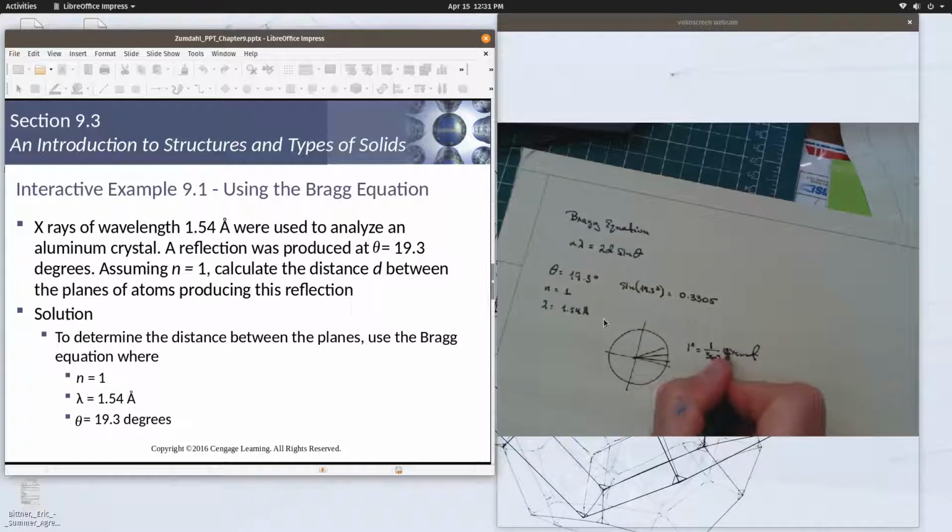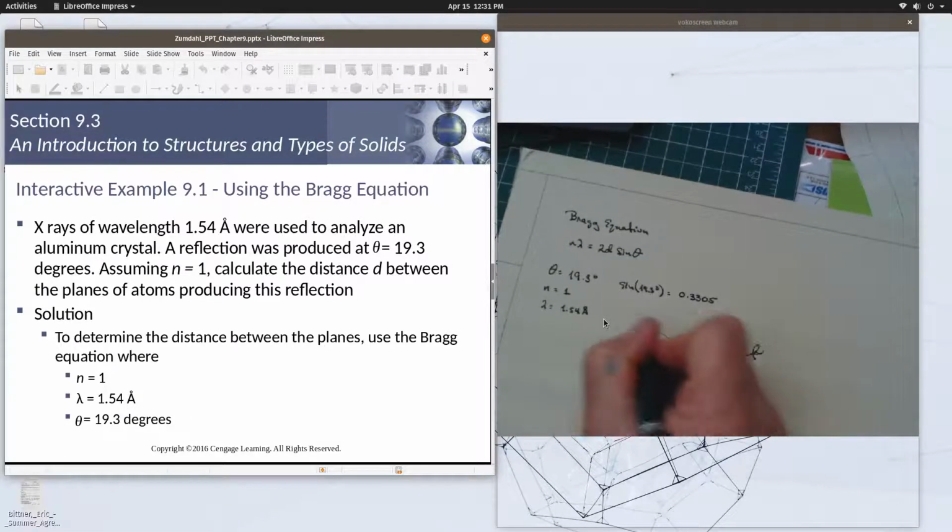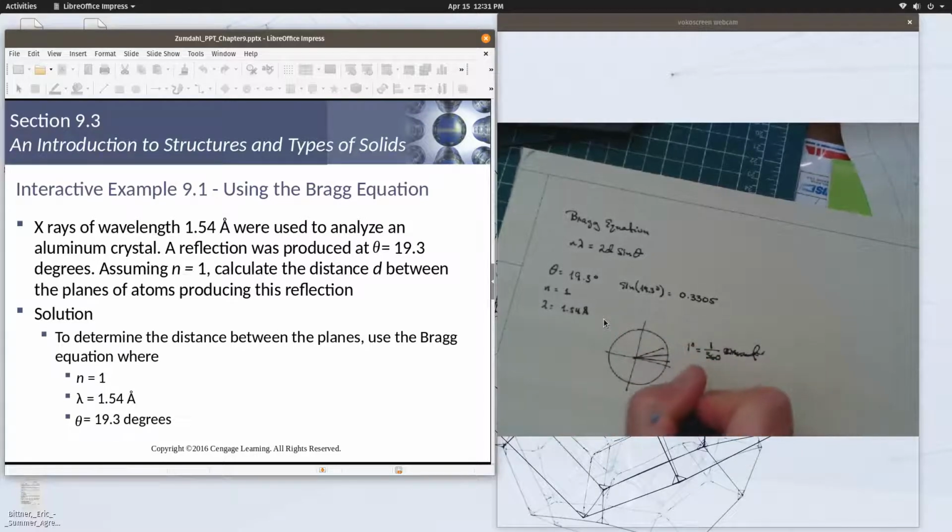A radian is such that 2 pi radians go around the circle. So 360 degrees is equal to 2 pi radians.